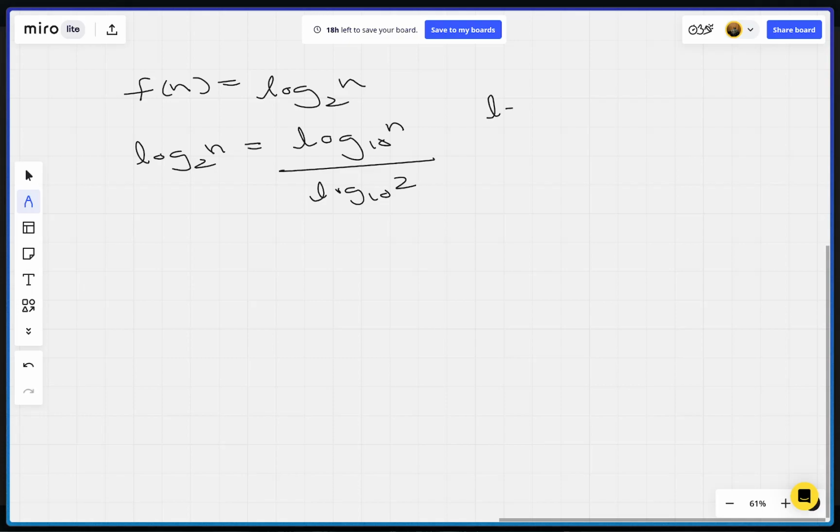So we all know log to base 10 is a constant. Its value is 0.3, if I'm not mistaken. Okay, so it's a constant.